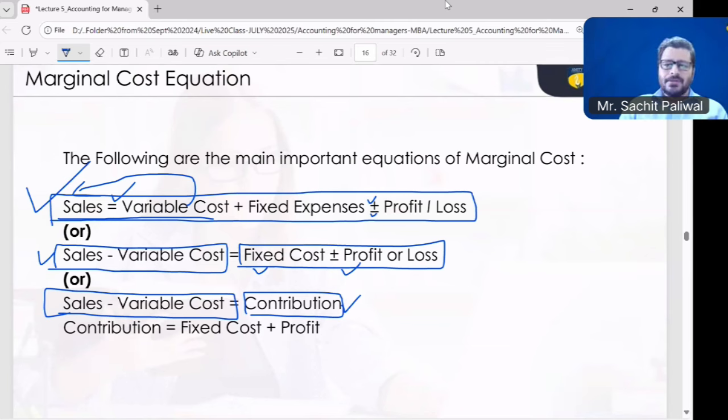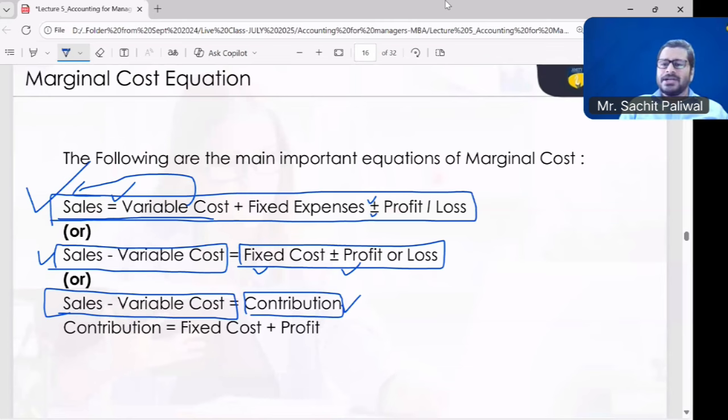Now, somebody is saying owner's contribution, okay. It's not owner's contribution. This term you have already learned in financial accounting, when we discussed financial accounting in modules 1, 2, 3. There we discussed this contribution with a different name.